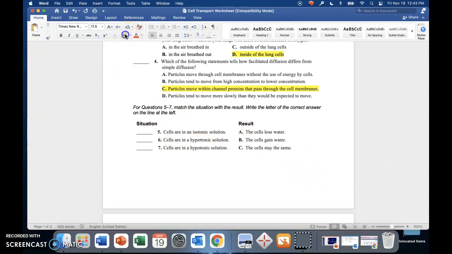So our answer for this one should be letter C. So I'll just put a couple lines here, a couple lines there, and we will be good to go.